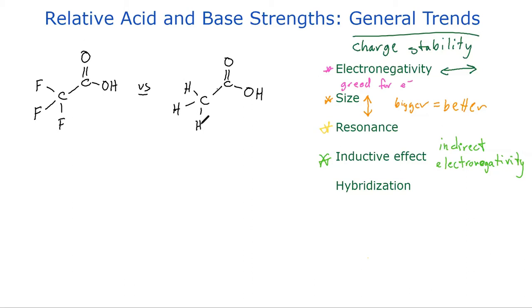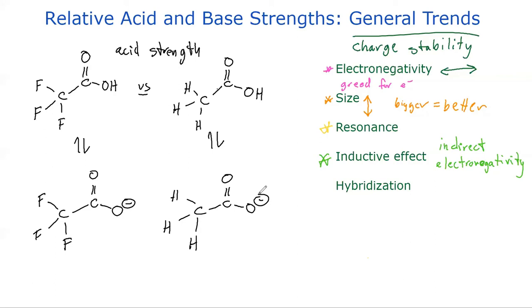Now, again, if we're thinking about the acid strength, what we're really comparing is not the acid strength itself, but the strength of the conjugate bases or their stabilities. So it won't hurt to draw those.